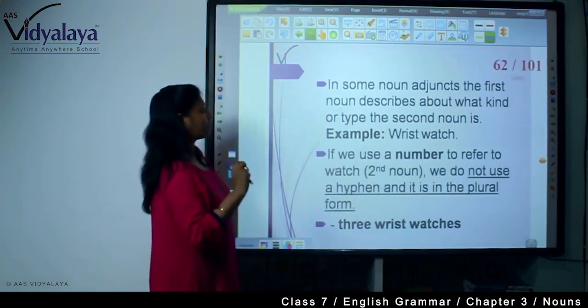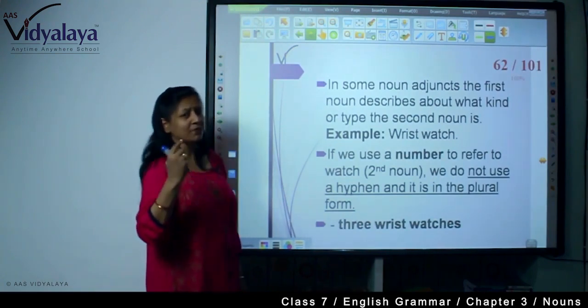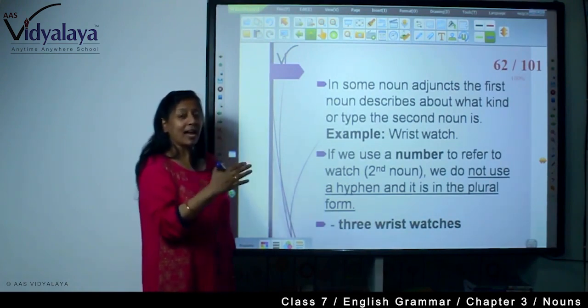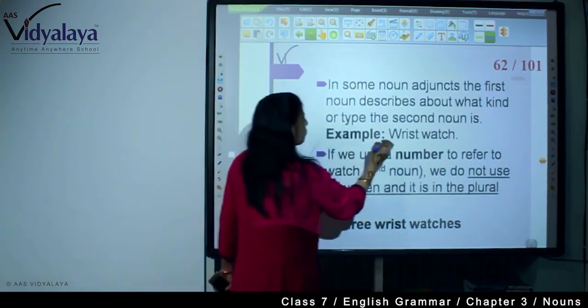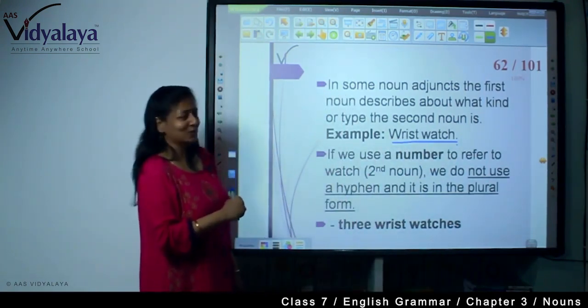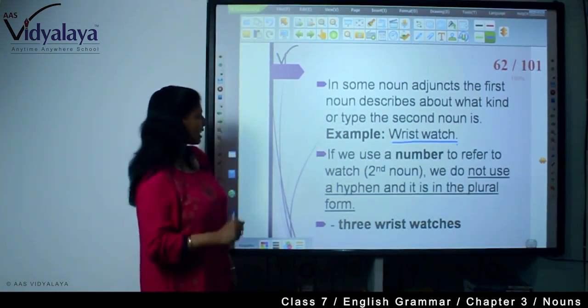In some noun adjunct, the first noun describes what kind or type of second noun. As you know, another purpose is to add information. So, wrist watch. What type of watch? It is a wrist watch. So here it's describing the second noun.